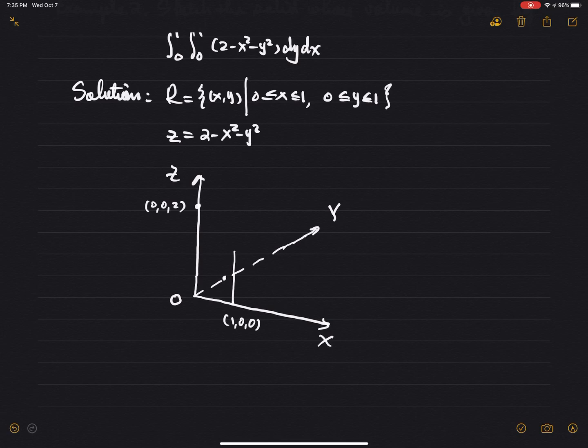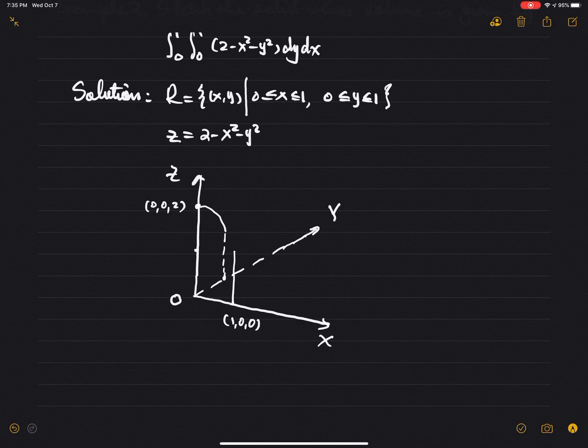And here is a 1, something here, probably that's here. It should be a straight line. Now you see here, when x equal to 0, z is equal to 2 minus y squared, so that's like this.